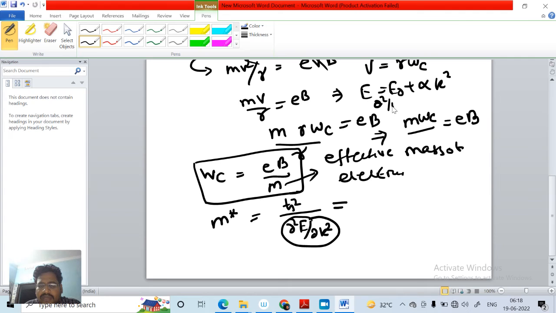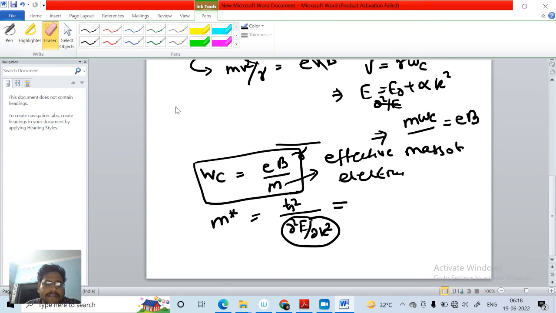If you calculate d square E by dk square, this double derivative will be 2 alpha.